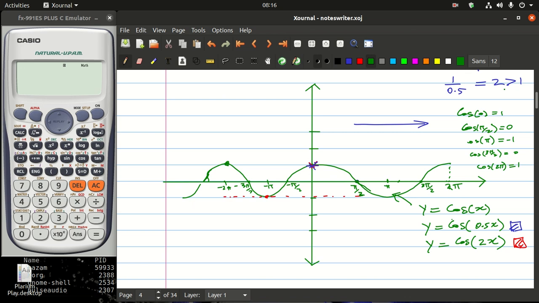Now we have a 2 that is greater than 1, which means that I wanted to pull this curve, push this curve here by 2 times, such that 2 times of this becomes this point here. So this point, we're going to have a new point. The new point is going to be this one. So this point will be there, and this point here will be pushed by 2.